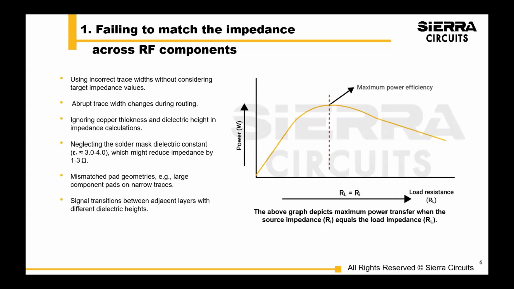So impedance mismatches are often caused by poor layout decisions. If you look at a few factors that can introduce discontinuities in the signal path: using incorrect trace widths without considering target impedance values, abrupt trace width changes during routing, ignoring copper thicknesses and dielectric heights in impedance calculations. That's an easy consideration. Knowing what your solder mask thickness is post manufacturing, I think is a nice little nugget.